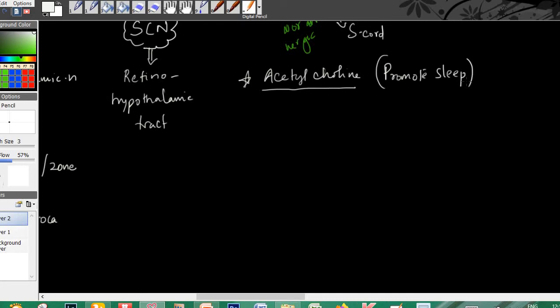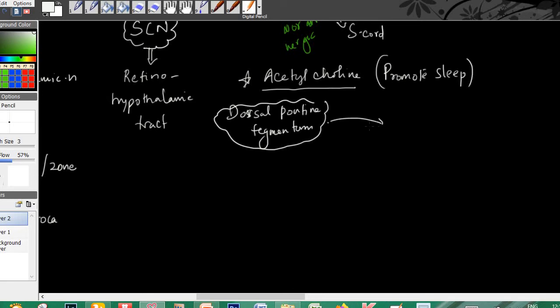These are the fibers in which acetylcholine is going to get released. All those projections from the dorsal pontine tegmentum release acetylcholine, and more acetylcholine means more sleep.